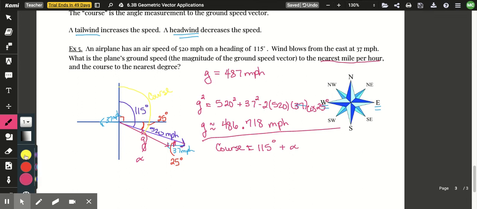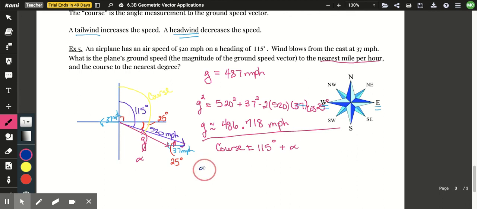Alpha is inside the triangle where we now know all three sides of it. One of them is approximated, but like when we were doing the law of cosines and solving our triangles, we don't have a choice. We have to use that approximation to find what we need here. I'm looking for that angle right there.